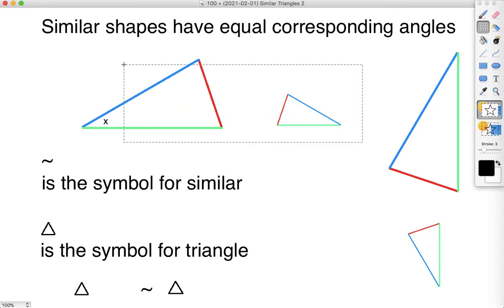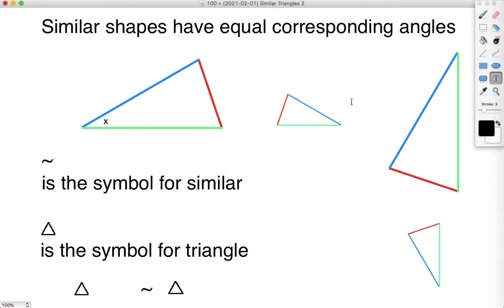Specifically, let's talk about these two. So that angle X right there, if we're looking at the smaller triangle, it is right here. And it has the same angle measure.